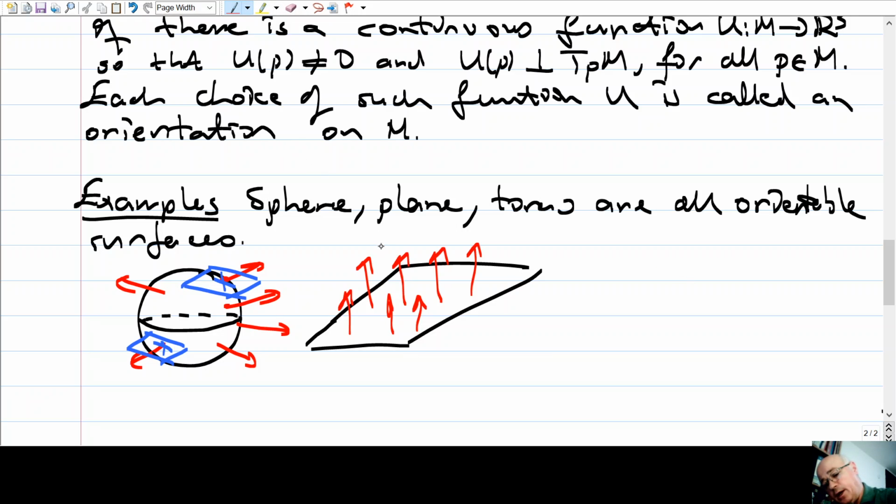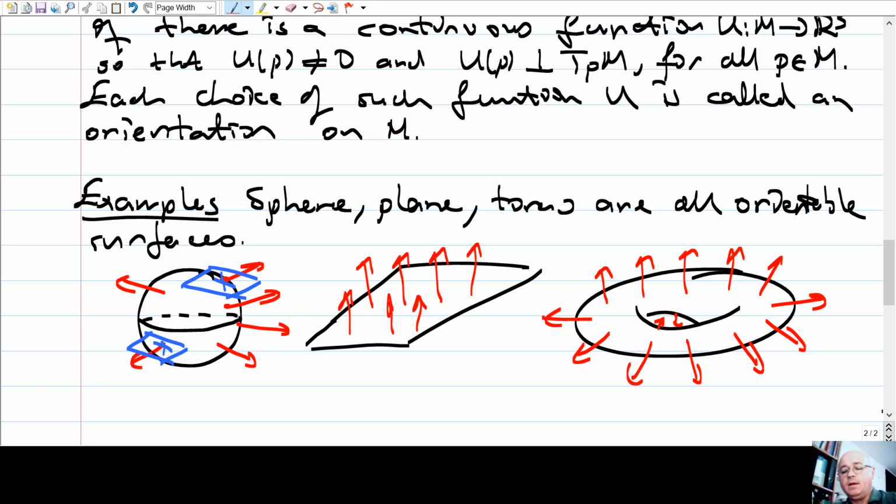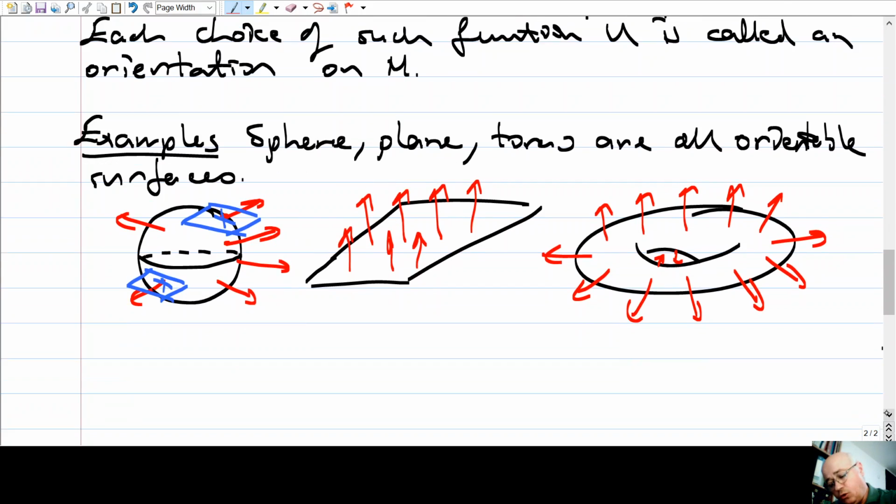Similarly, the torus is an orientable surface. Again, I can choose a vector field like this. And here it points like this. So these are all orientable surfaces.